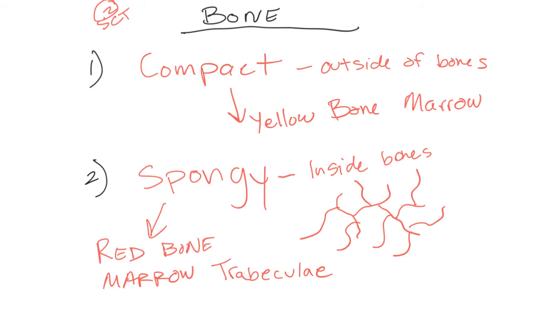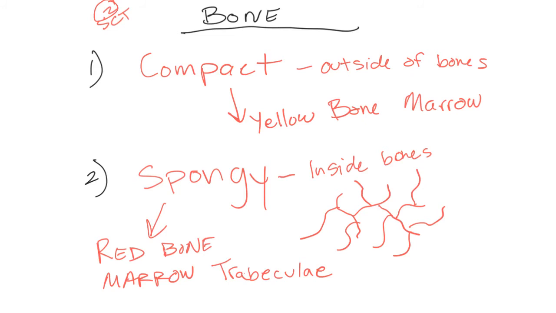Student: Are there bones that have compact but don't have spongy? Yeah, well, parts of it. For example, your long bones, such as your femur, the long shaft has yellow bone marrow in it. The ends have spongy bone with red bone marrow in it. Typically if the bone's longer, skinnier.